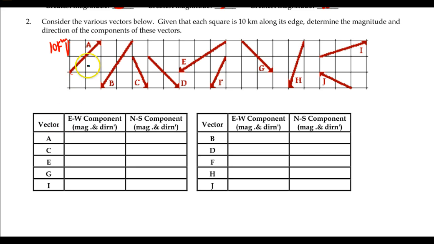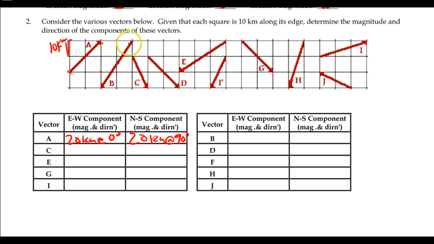And then the component for that one is 2 blocks, so it's 20 kilometers at 0 degrees. The north-south component would be from here up. That's also 2 blocks, so it's 20 kilometers at 90 degrees, straight up north.